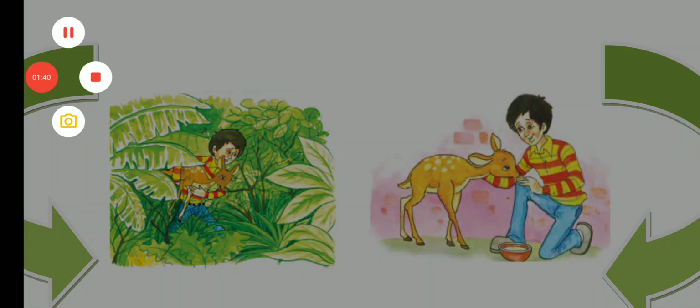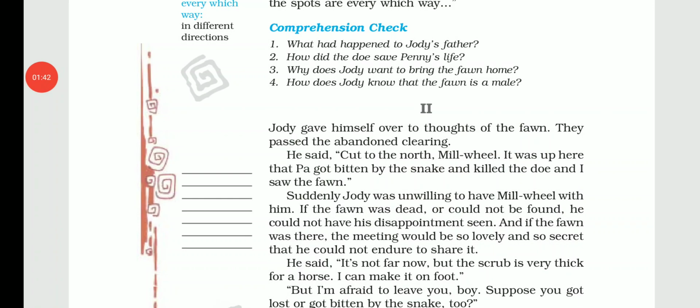Okay, children? So, my dear children, in the last video, I gave you the homework to complete the comprehension checks. Some questions were: What had happened to Jody's father? How did Doe save Penny's life? Why did Jody want to bring the fawn home? How does Jody know that the fawn was a male?